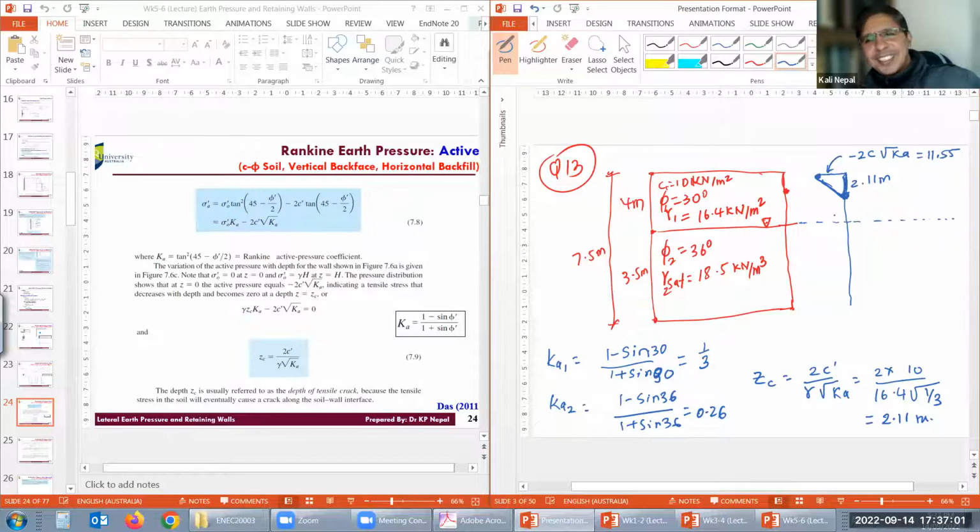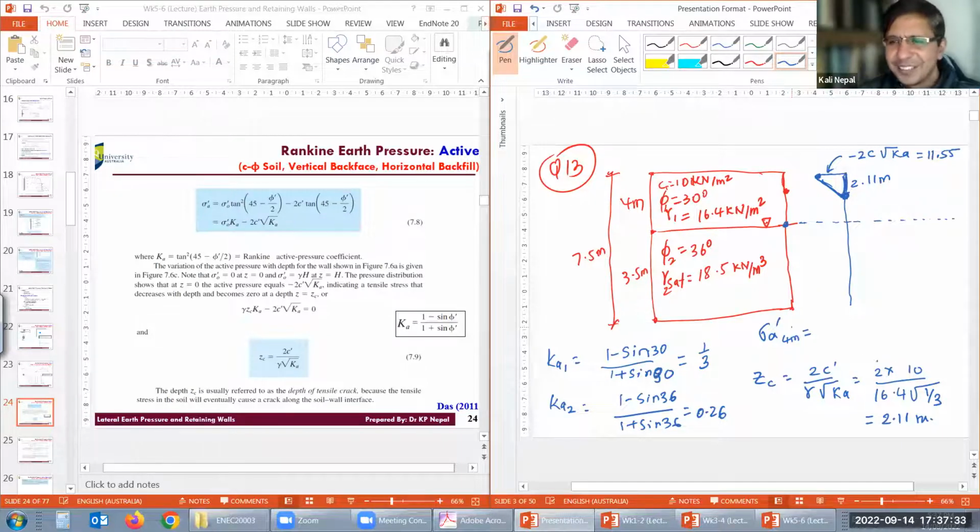Makes sense, right? Now what will be the pressure at this point, just above the layer? Just use that equation. Sigma' at 4 meters: gamma times 4 meters. You need to show the calculation stepwise, all right?